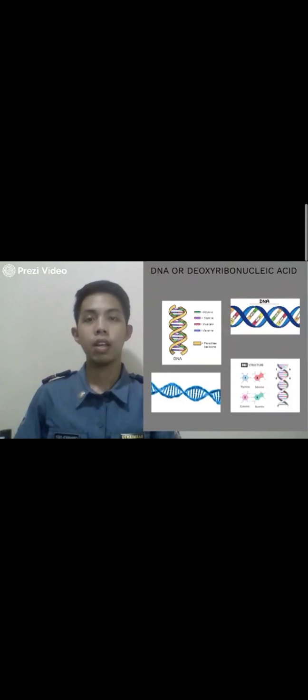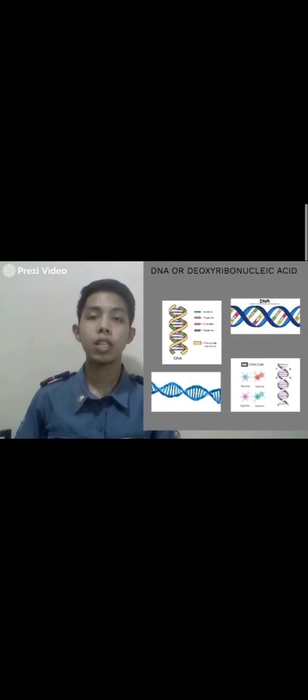DNA, or deoxyribonucleic acid, is a self-replicating material which is present in nearly all living organisms as the main constituent of chromosomes. It is a carrier of genetic information. DNA is made up of molecules called nucleotides.